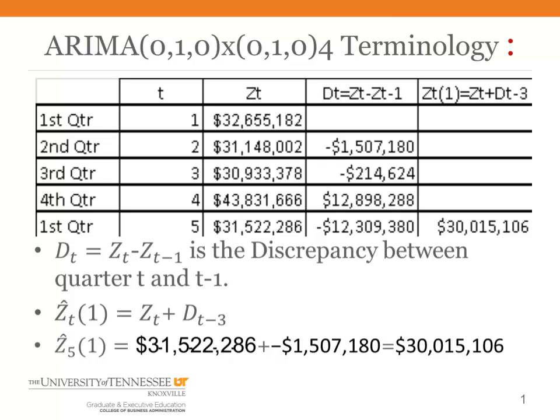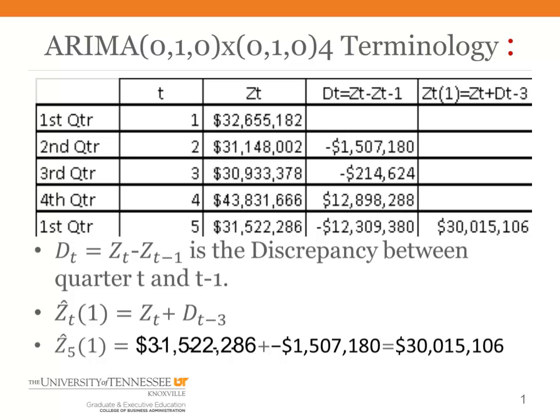So I go back and get the discrepancy of second quarter last year to add to that. And mathematically that says the forecast made in period T for one period into the future is Z sub T plus D of T minus 3.